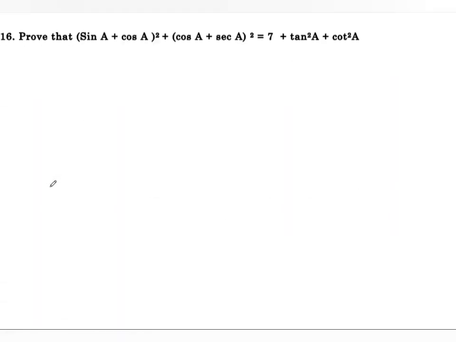Moving to next question, very important question for 3 marks. Prove that (sin A plus cosecant A) whole square plus (cos A plus secant A) whole square equals... I have already told you, first step is always write the LHS. What is LHS here? (Sin A plus cosecant A) whole square plus (cos A plus secant A) whole square.